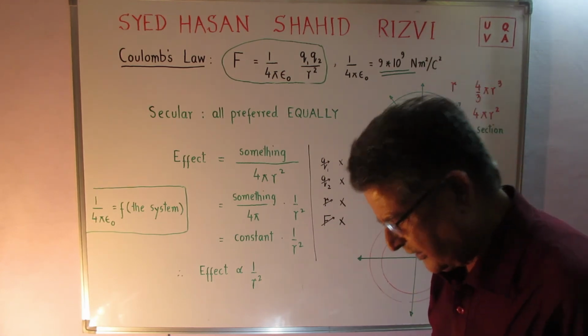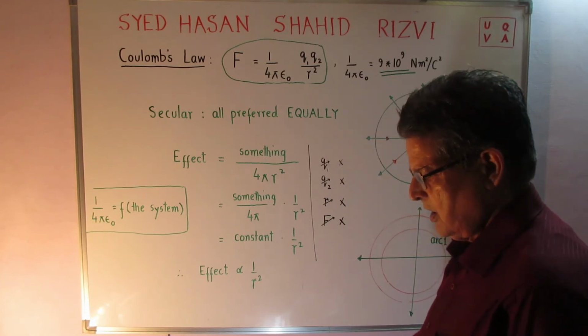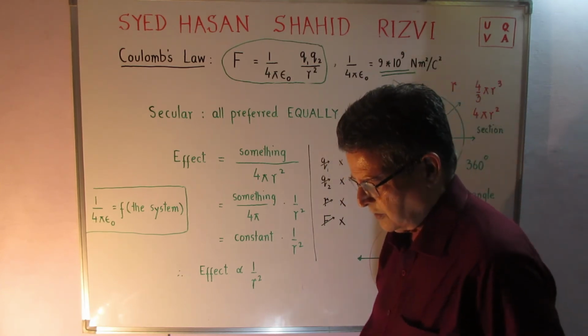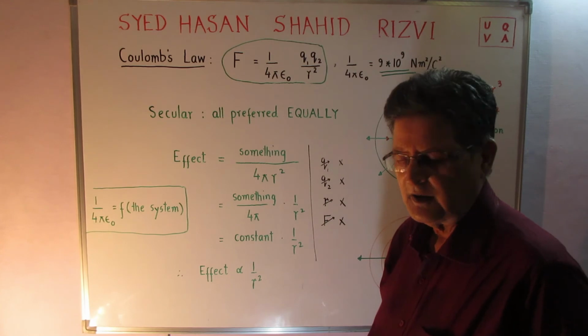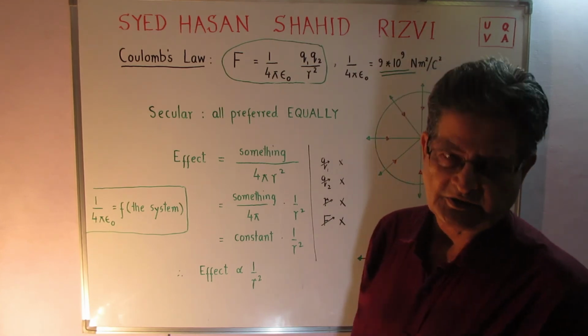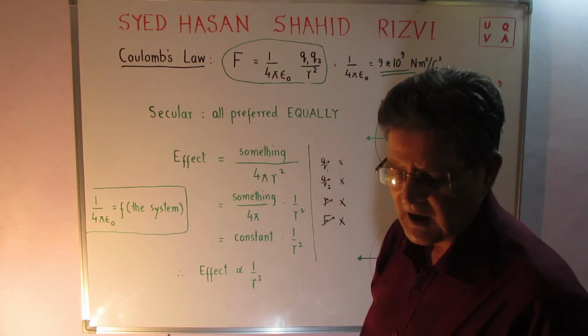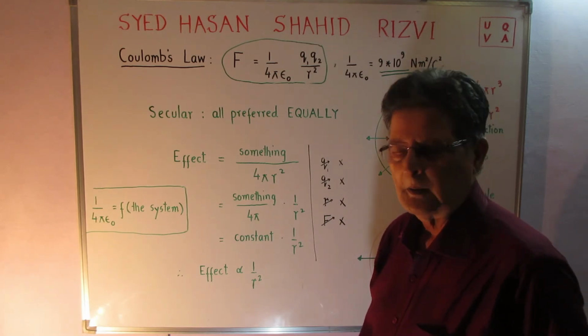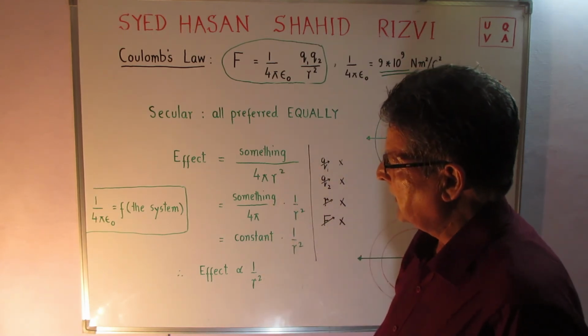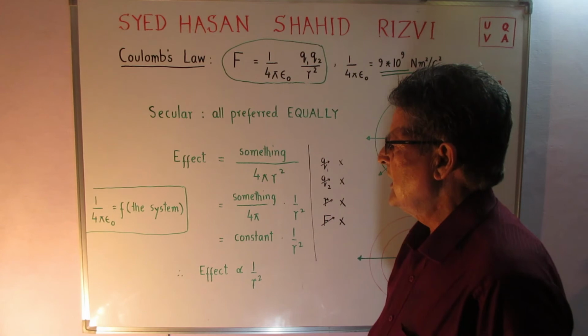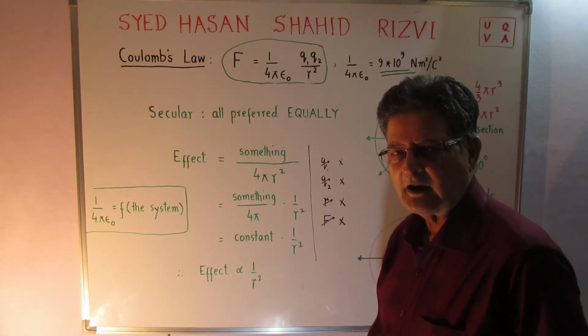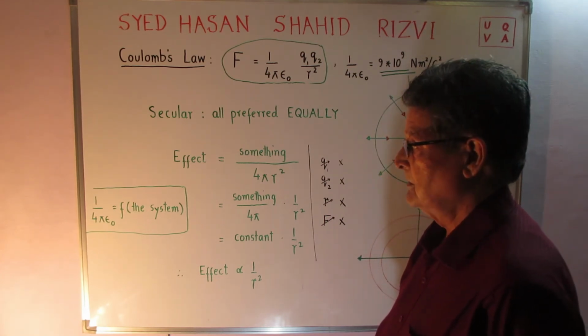These lines, as I told you, in the case of Newton's law of gravitation, they are field lines. So the next thing I will talk to you about in the coming lecture is as to what is field and how it is related.